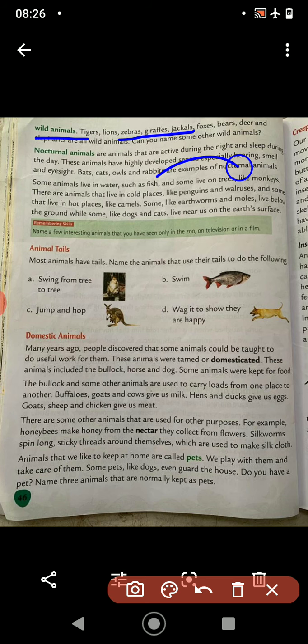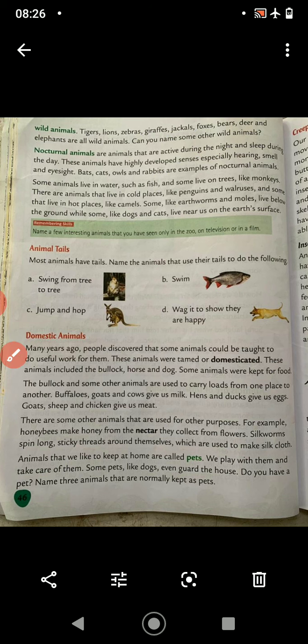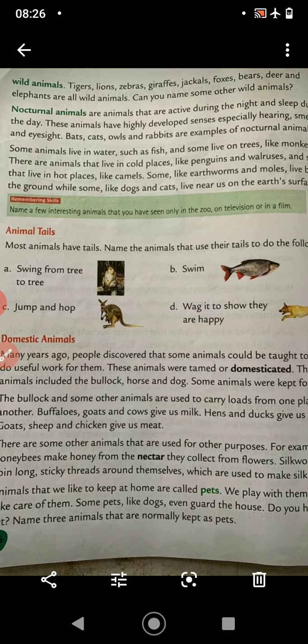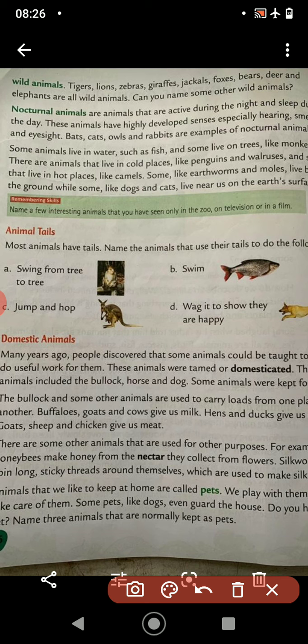Let's move to the last topic for today. We are not going to do so much today, so we will be doing just one more topic, and that is nocturnal animals. What are nocturnal animals? This is very important, children. You have to really pay attention here. Nocturnal animals are animals that are active during the night.